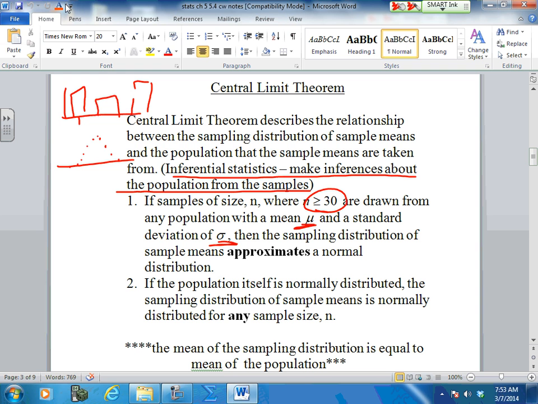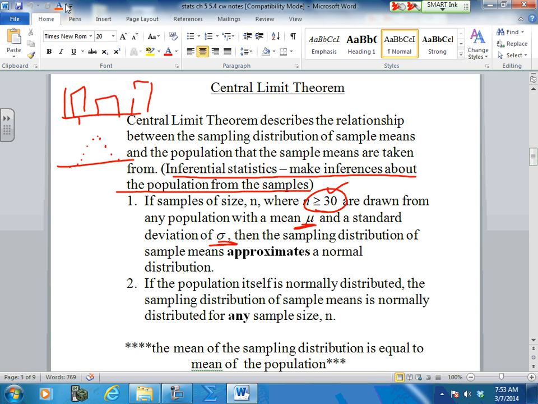Now, as we get into this, that's one of the things we check for. Do we hit 30 or more? We look for 30 or more because then we're sure that we can approximate a normal curve. If the population itself is originally normally distributed, then we know any size for our sample will be normally distributed. So 30 is our cutoff to make sure our sampling distribution is a normal curve.